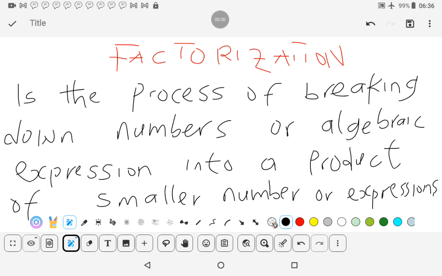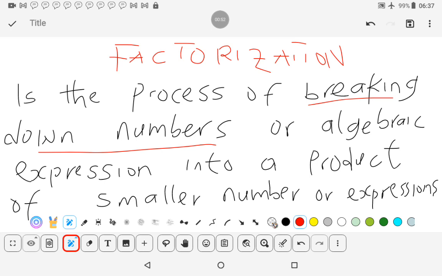So factorization is the process of breaking down. Keynote here is the process of breaking down numbers or algebraic expressions into a product of smaller numbers.